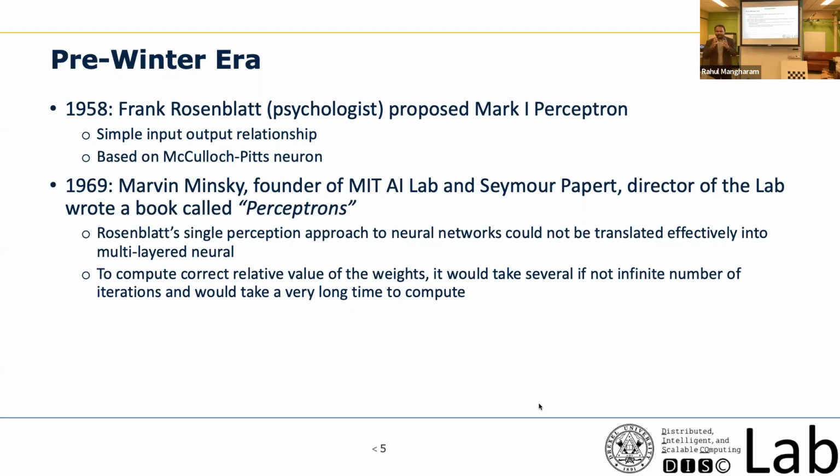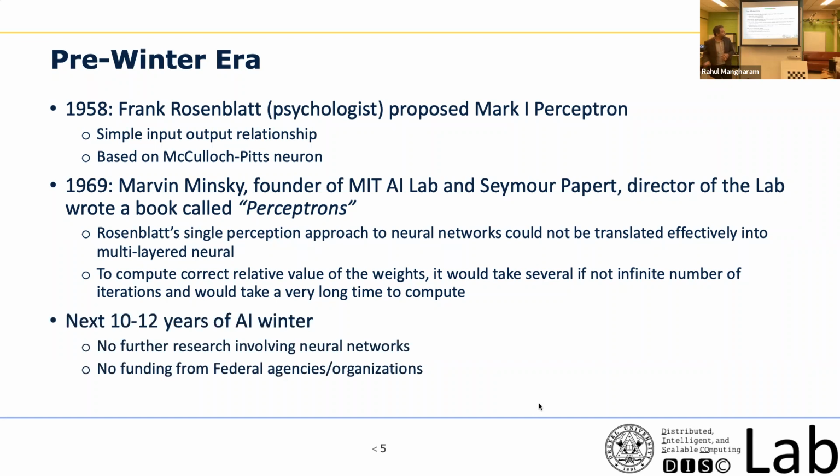So if you are with limited resources, limited amount of time, you will never be able to successfully train a perceptron model. And that is actually what led to something called the AI winter. Most of you probably know the AI winter, which is 10 to 12 years where there was not much research on neural networks. That was mainly triggered by this 1969 work from Minsky and Papert.